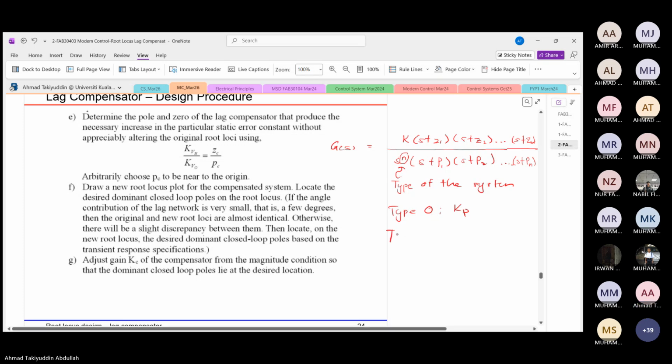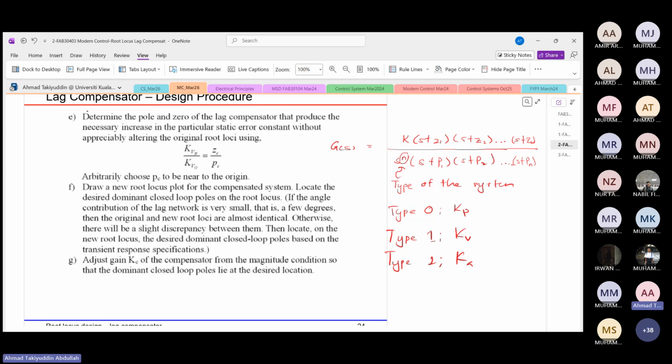For type 1, it will be Kv, the velocity static error constant. For type 2, it will be Ka.